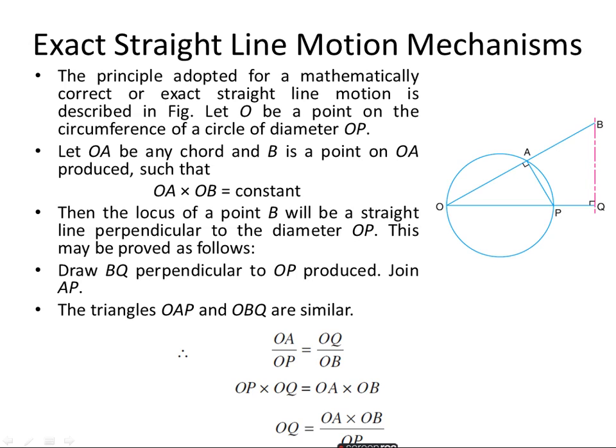These triangles are similar. Therefore OA by OP equals OQ by OB. From that you get OP into OQ equals OA into OB, and OQ is nothing but OA into OB divided by OP.